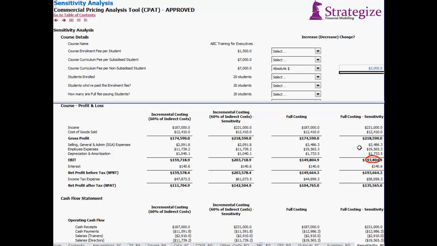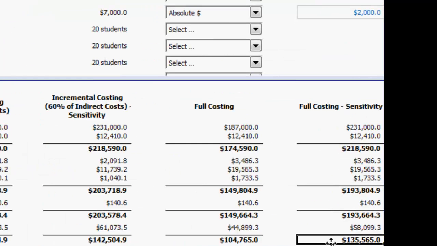As you can see down here, our earnings have greatly improved by over $40,000.